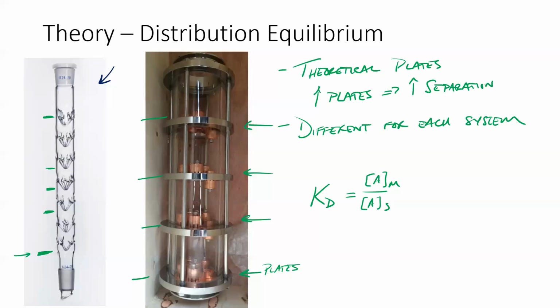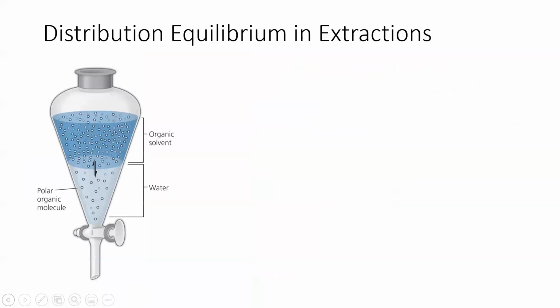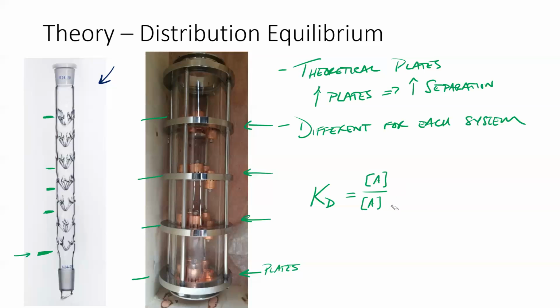Oops, I'm sorry, I got that backwards. Remember, it should be products over reactants. And if we start in the mobile phase, we end in the stationary phase. And so this is our distribution equilibrium.